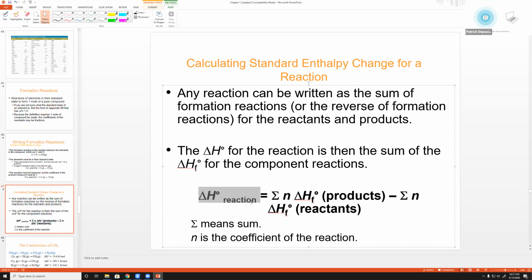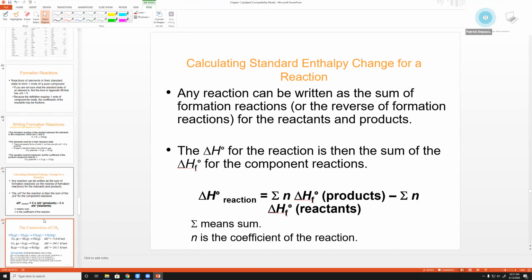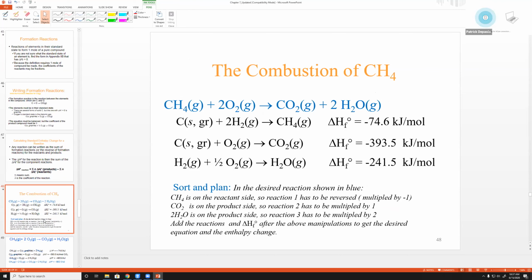The standard enthalpy of the reaction is the sum of the standard enthalpy of formation of the products minus the sum of the standard enthalpy of formation of the reactants. So it's the sum of products minus reactants.